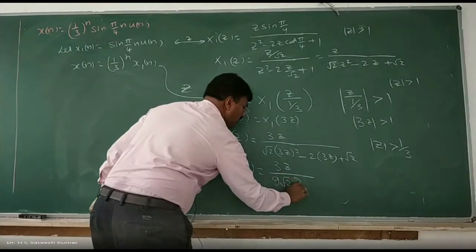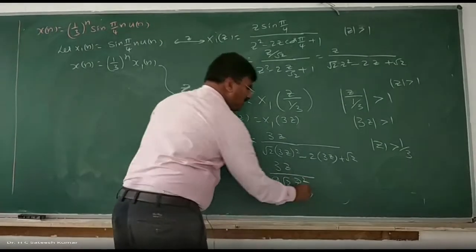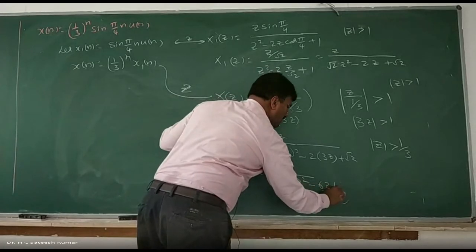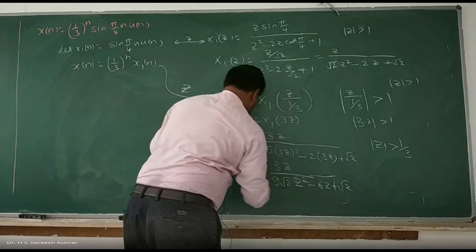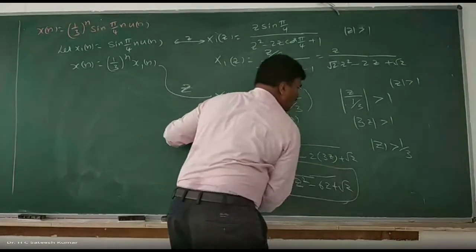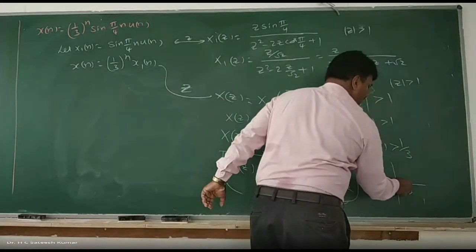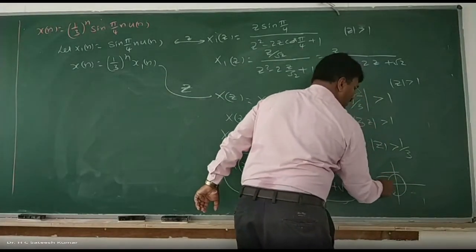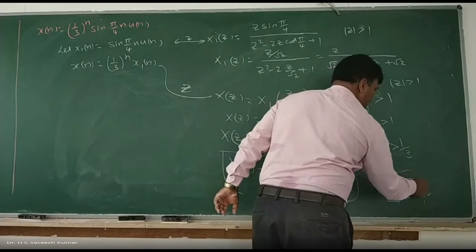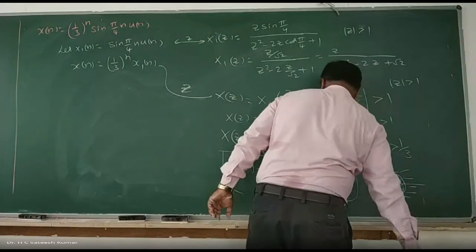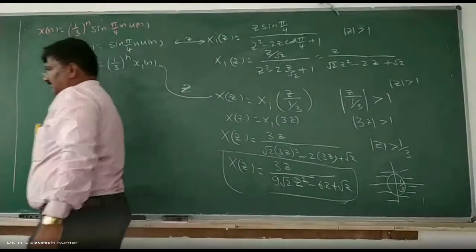If you want, you can simplify, otherwise keep it in the same format. With ROC greater than 1 by 3, outside, you can sketch it. That's how we should do it, right? So this is another examination problem.